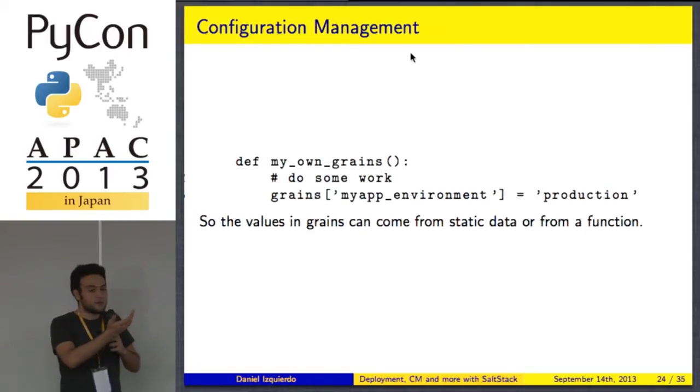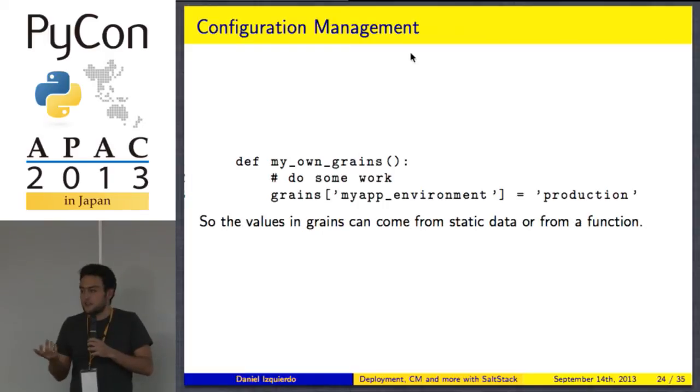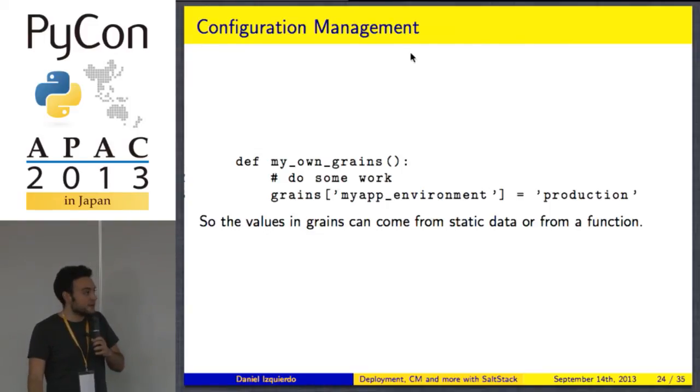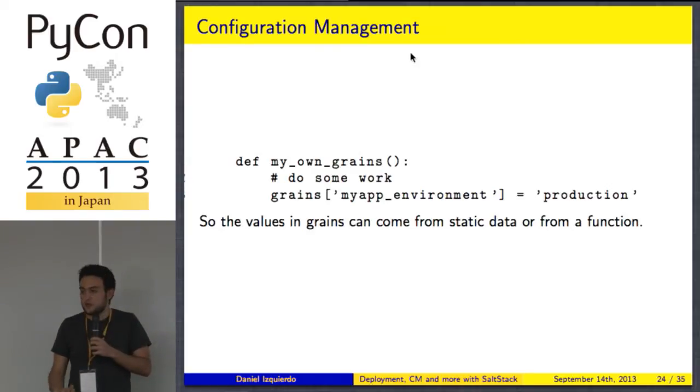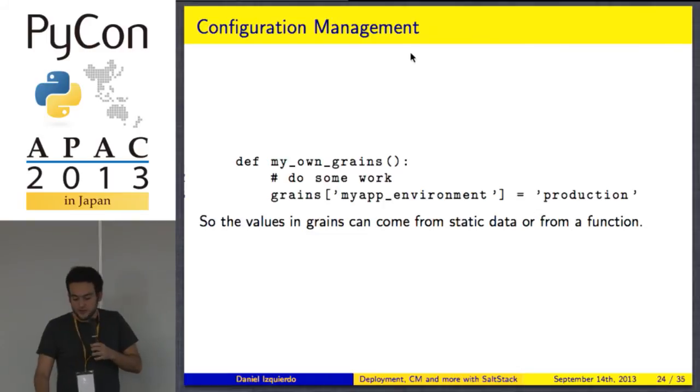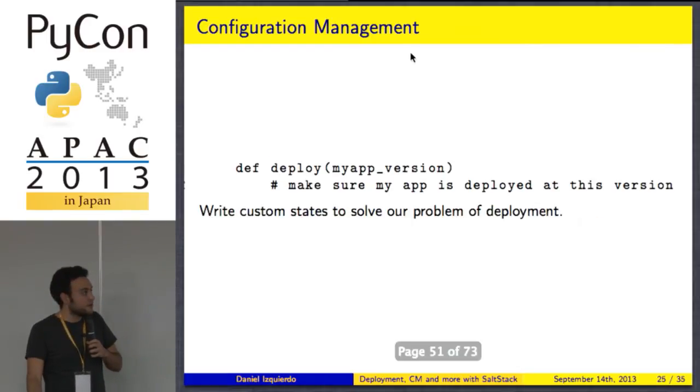So, with the power of Python, I can just write any function and end up putting this value into the grains subsystem. And so this value will be available in that YAML file that we were looking at before when my states are being applied. And the values can come from static data too, or from any Python function. So it's pretty flexible.